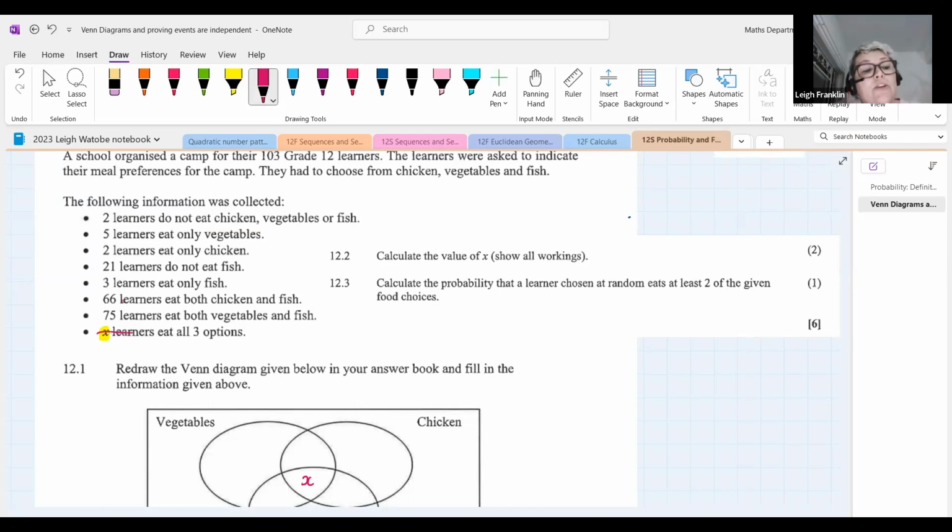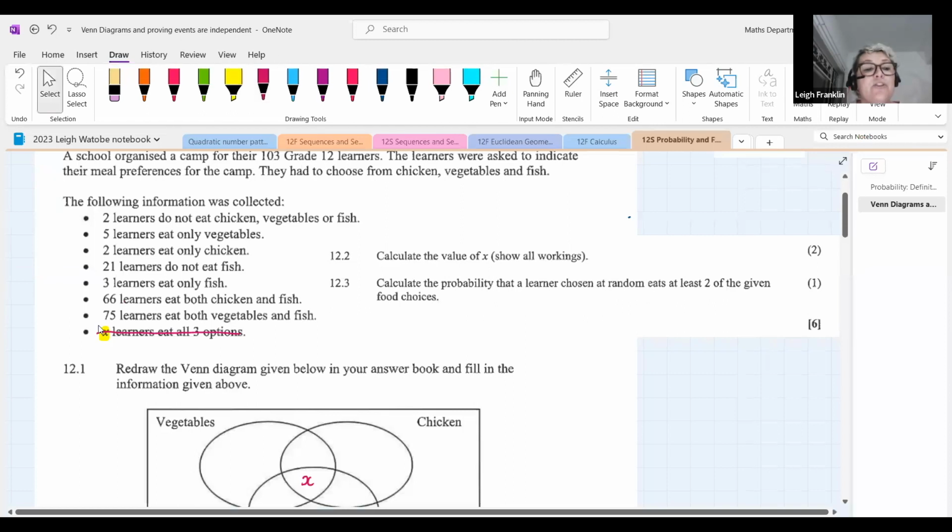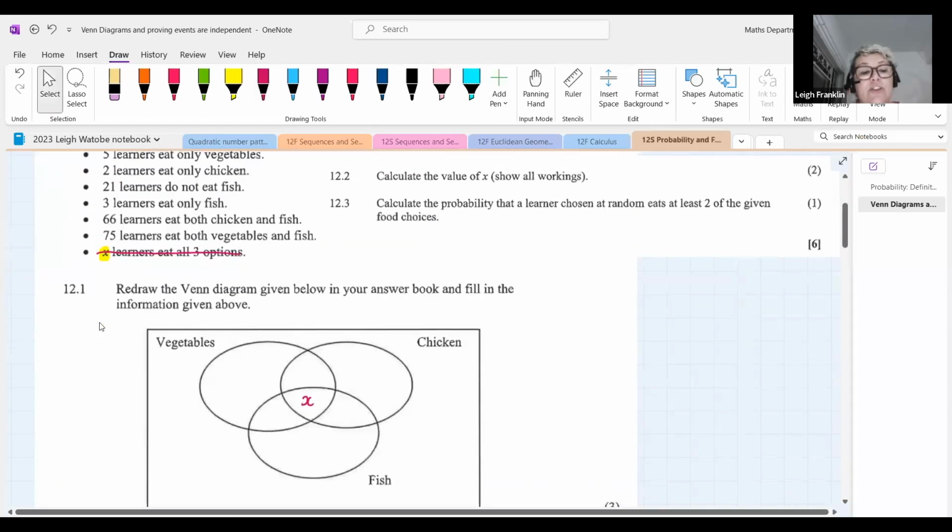Then what I like to do is cross that out. I know that's a little bit more difficult for you guys because you don't have this in black and white in front of you. I think that would always be easier. So put that in first. Now go and look for the words "and". So chicken and fish, or vegetables and chicken, or vegetables and fish. If we go here, 66 eat both chicken and fish.